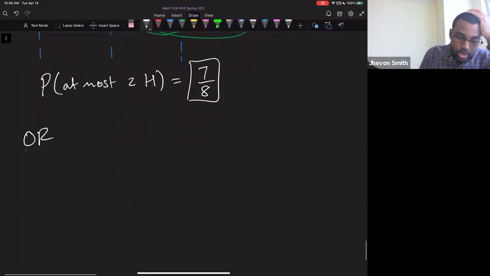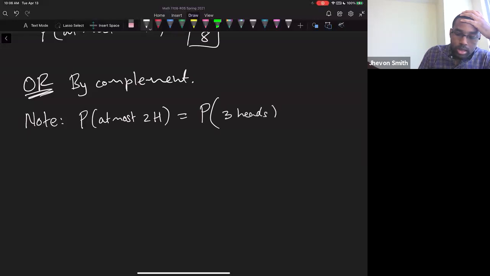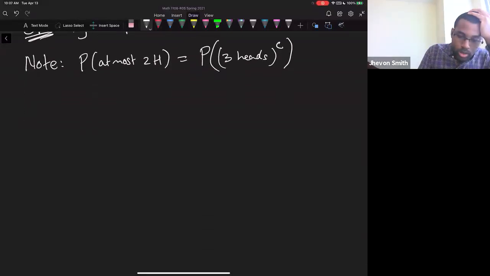There's another way I could have gone about this, by complement. Note the probability of at most 2 heads is equal to one minus the probability of 3 heads, that's the complement. We do not want 3 heads.